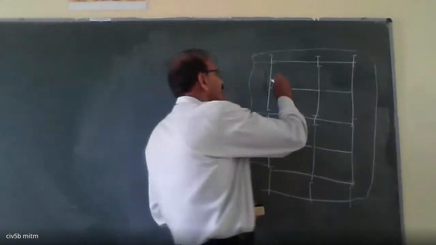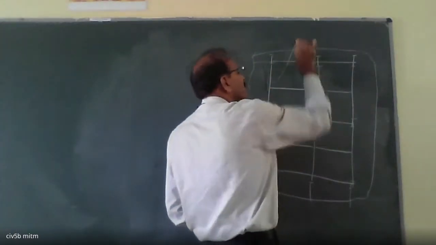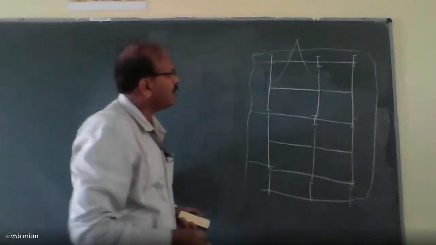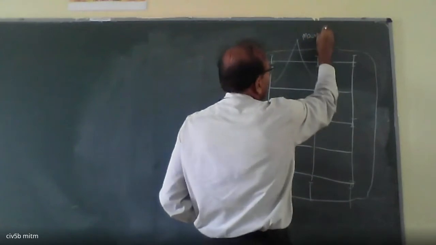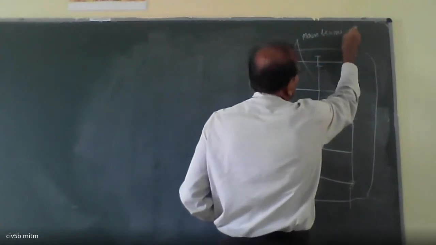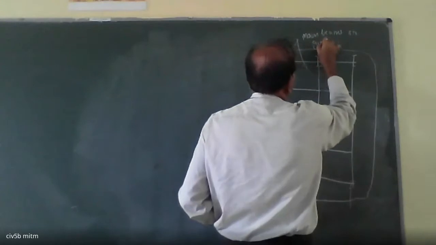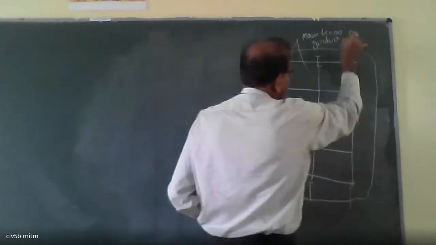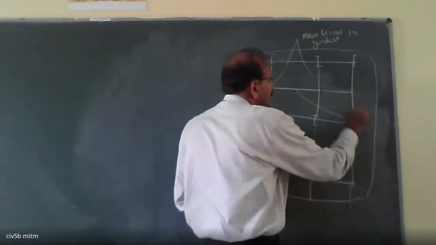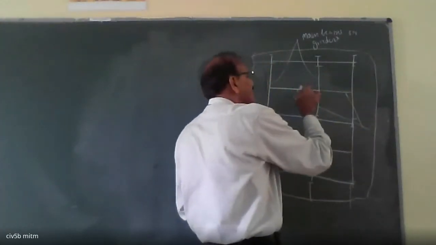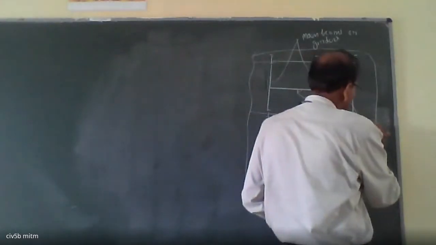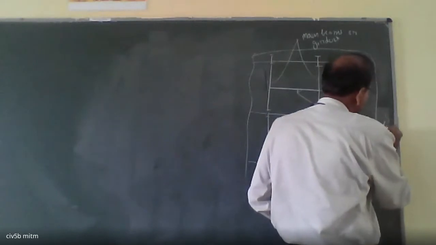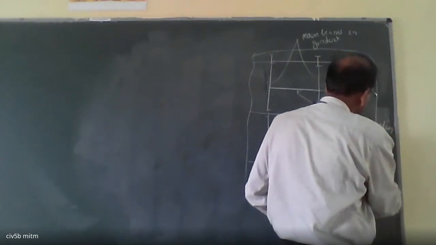That's why these beams that are sitting on the columns are called main beams or girders. And these beams which are sitting on the main beams are called secondary beams.